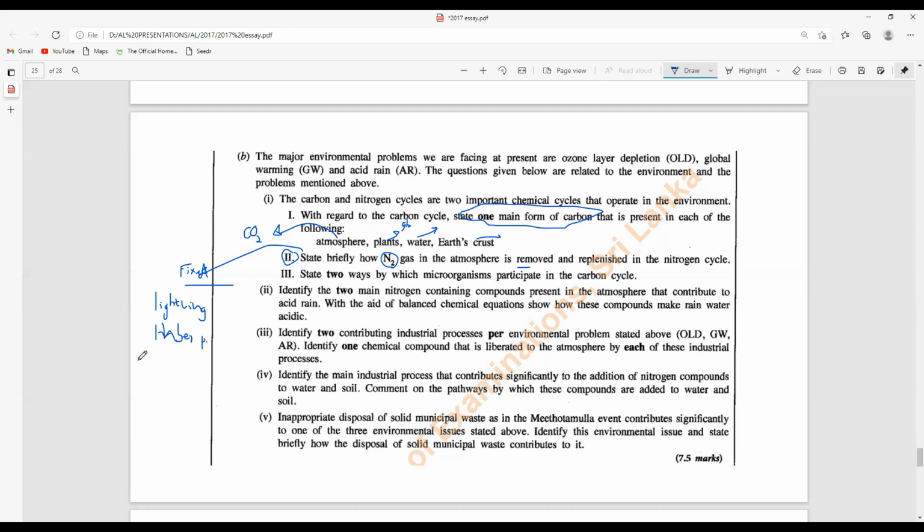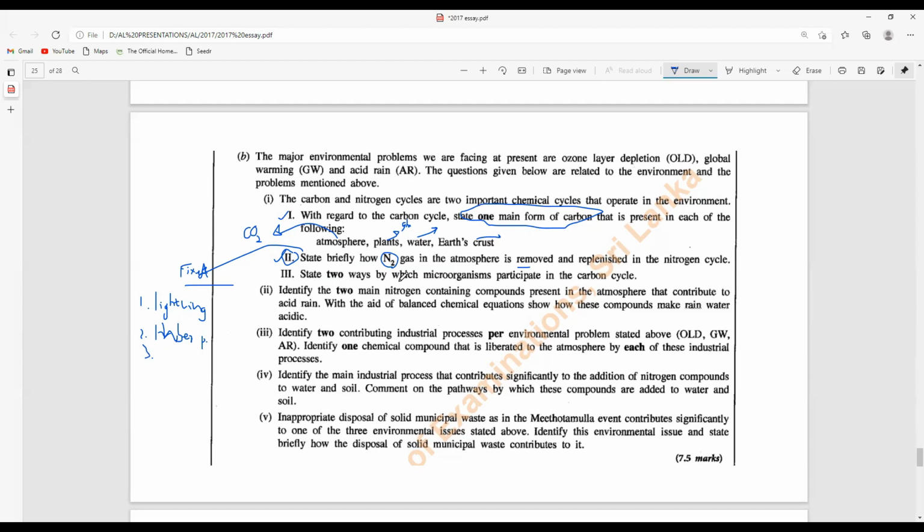And finally, don't forget nitrogen also can be fixed by microorganisms present in the soil. So this factor might not be known by the physical stream students. Okay. So these two, and the last one is nitrogen fixation by the microorganisms, especially by bacteria. These are rhizobium bacteria. Okay. So this is also done.